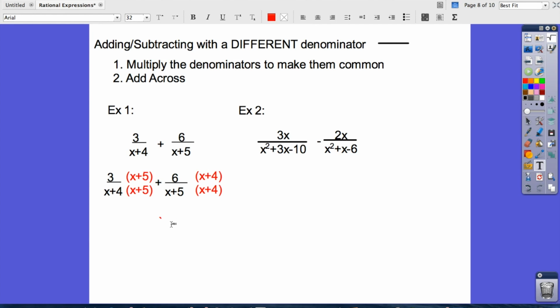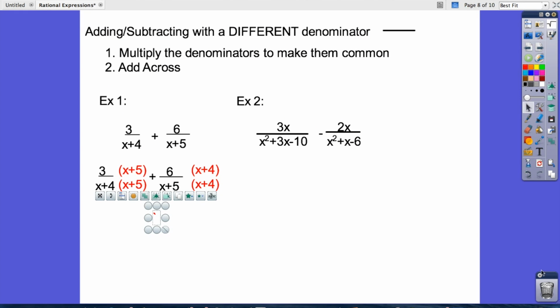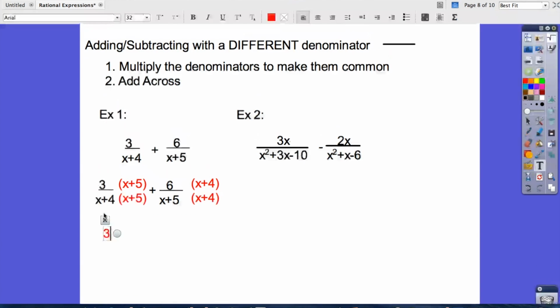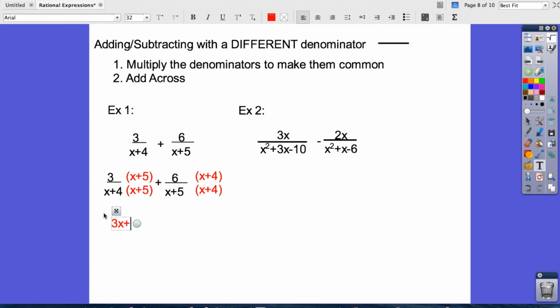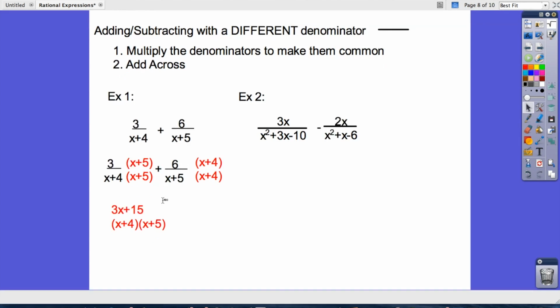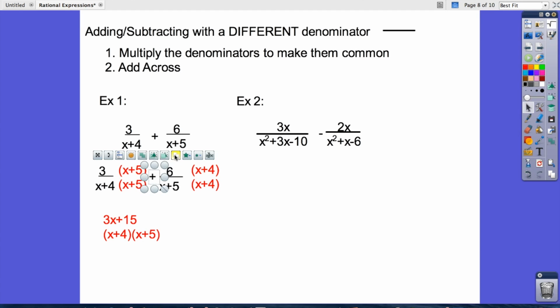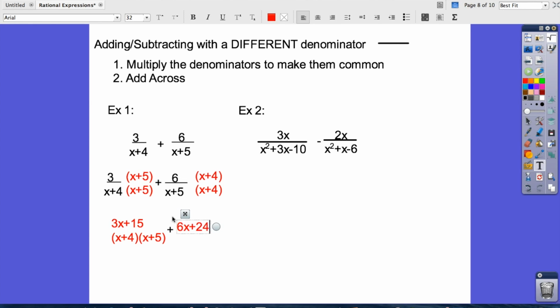So when we multiply that in, we are left with 3x plus 15 divided by x plus 4, x plus 5. We're keeping our addition sign. And then the right side becomes 6x plus 24 divided by x plus 4, x plus 5.